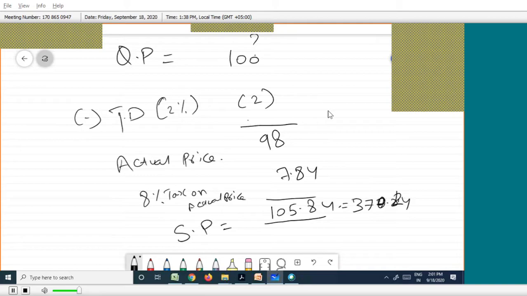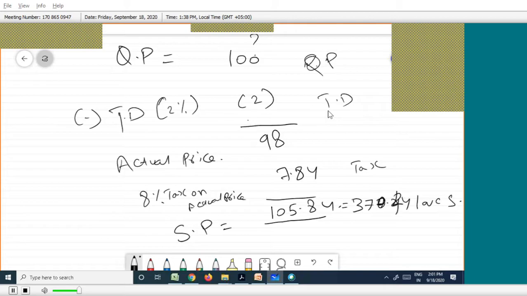We have to identify the tax, the trade discount, and the quoted price. How to identify that, sir?